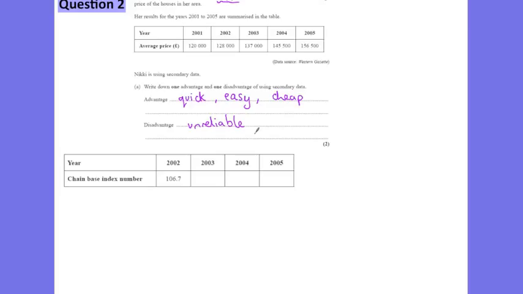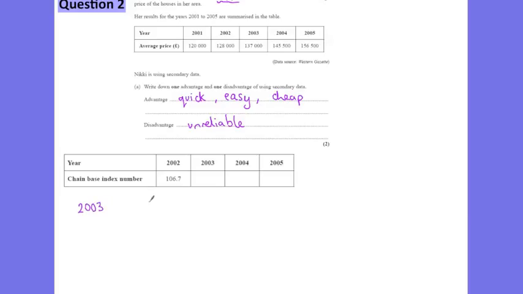We're then told that Nikki calculates the chain-based index numbers for the average price of the houses for the years 2002 to 2005. Her chain-based index number for 2002 is shown here in the table, 106.7. You're asked to work out the chain-based index numbers for the next 3 years. Let's take a look at 2003.